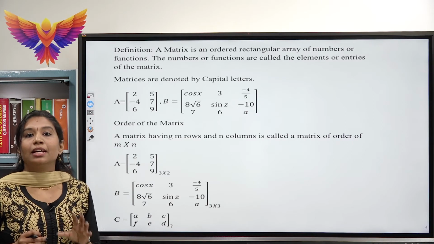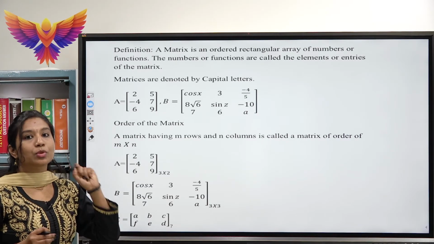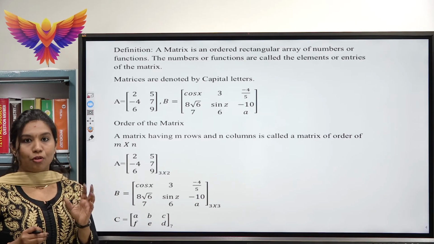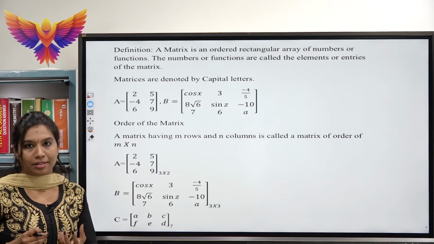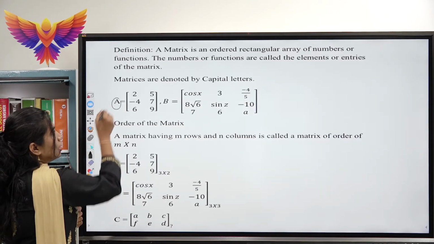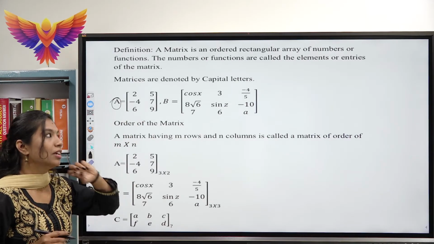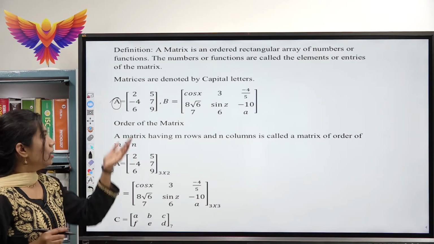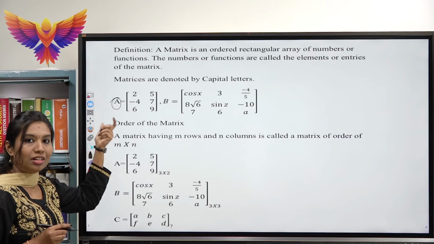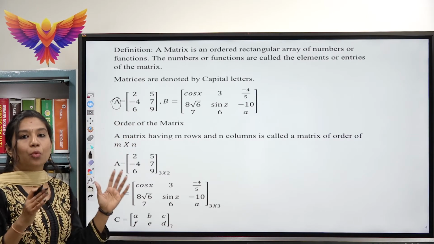A matrix is always denoted by capital letters, and note that the elements within the matrix should be in small letters. You can never use capital letters for the elements of a matrix. And how do we denote a matrix? As I already said, a matrix starts with the capital letter A, which is equal to the elements represented within square brackets.